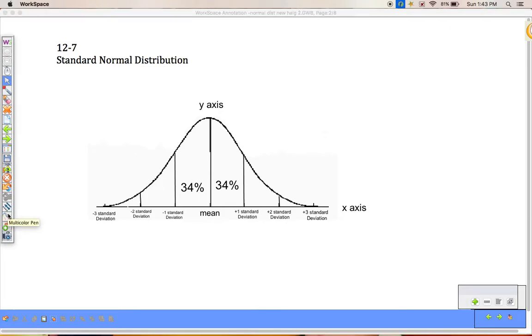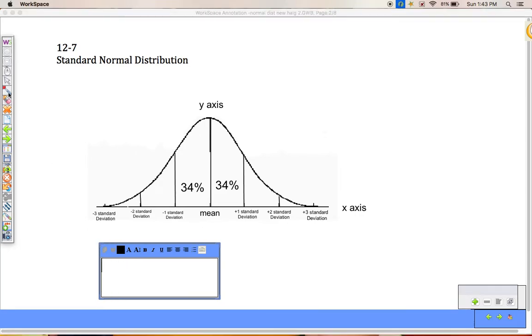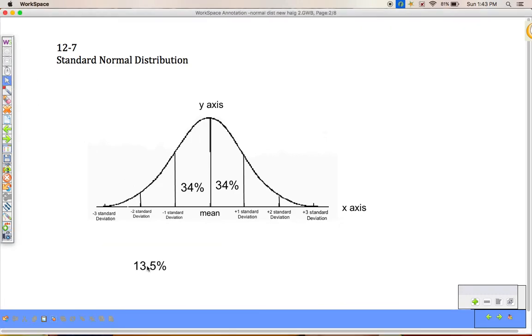The next value is 13.5%, and that is going to be here. There's 34 and 13.5, and then on the other side, we also have 13.5% of the data in this spot.